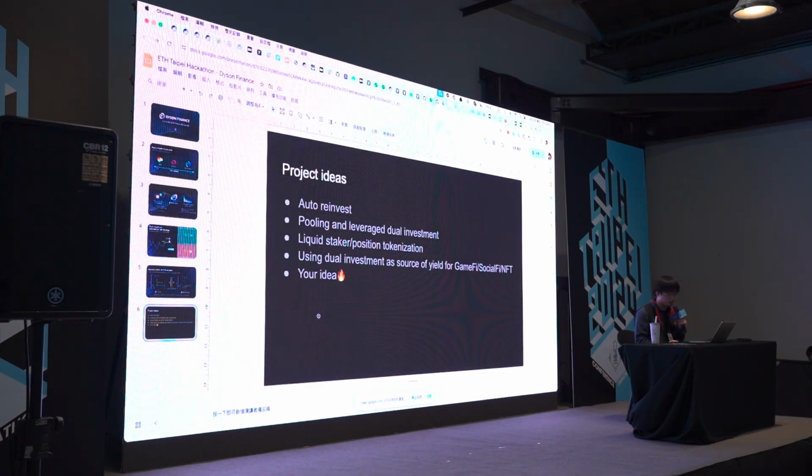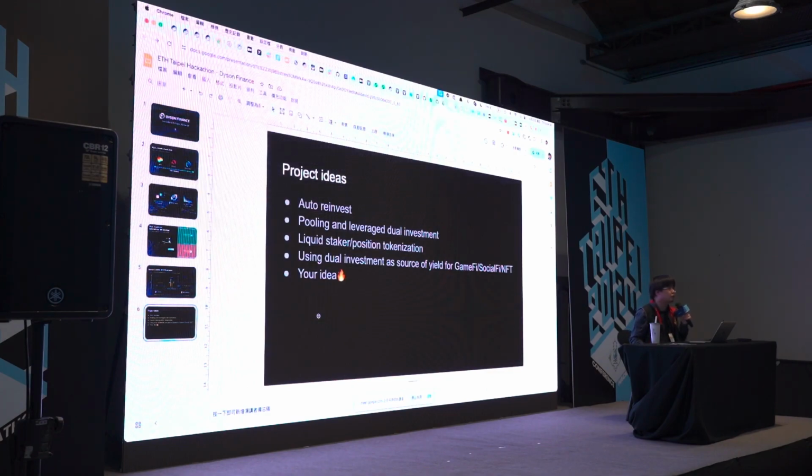Every dual investment has an expiry, so users probably need to manually redeem and then reinvest. If you can help create an auto reinvest tool, probably connecting with Gelato or Chainlink, that could improve the experience of users.